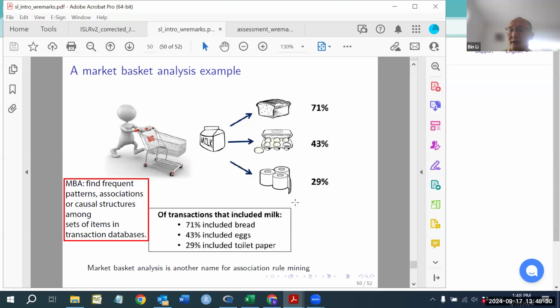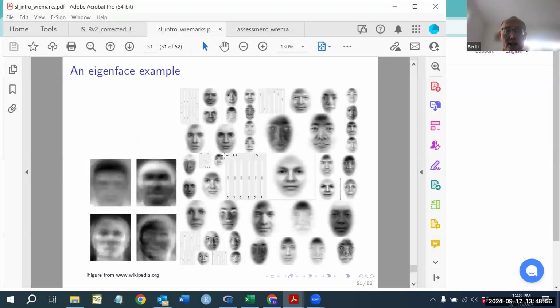Like the customer who bought the bread, what is the chance for that customer to also buy the egg or the toilet paper? Okay, so we want to find those frequent items that appear in the same shopping cart. Okay, so this is the market basket analysis.